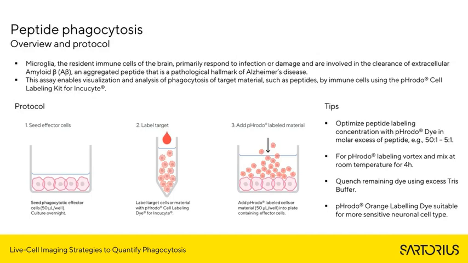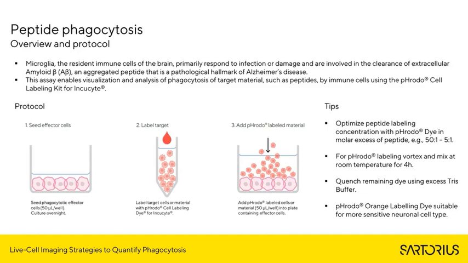So tips for this protocol and labeling of peptides, we recommend optimizing peptide labeling concentration using Frodo dye that's in a molar excess of the peptide, for example, a range between 50:1 to 5:1.